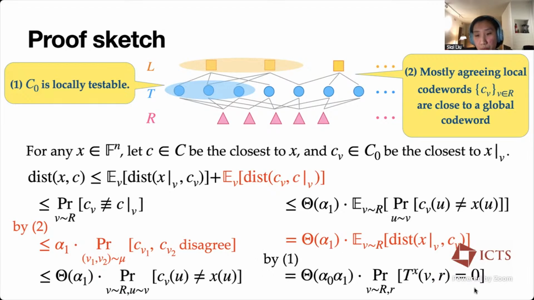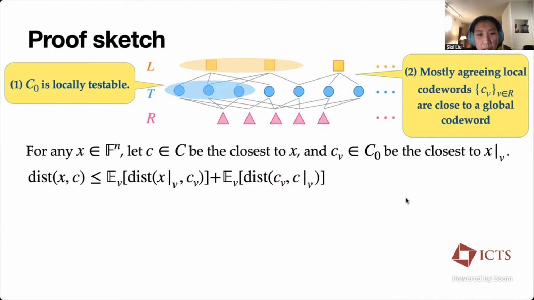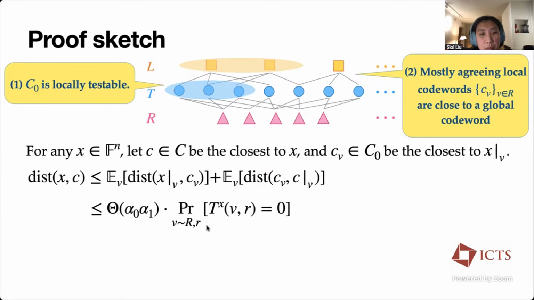So again, we're able to upper bound the second term also with some constant times the probability that the tester rejects X. So now we have both steps, and putting them together, we directly get an upper bound of the distance from X to the code space in terms of the rejection probability of the tester T. So that's just the end of the proof.